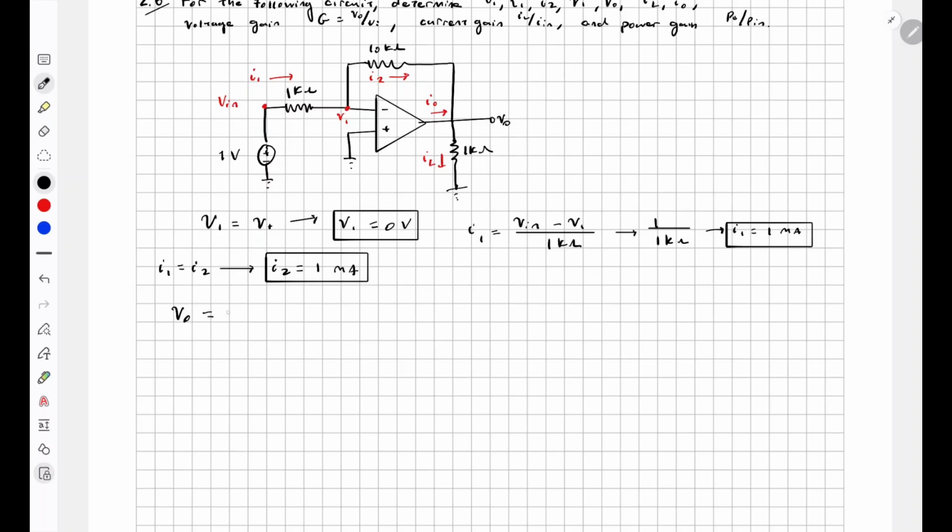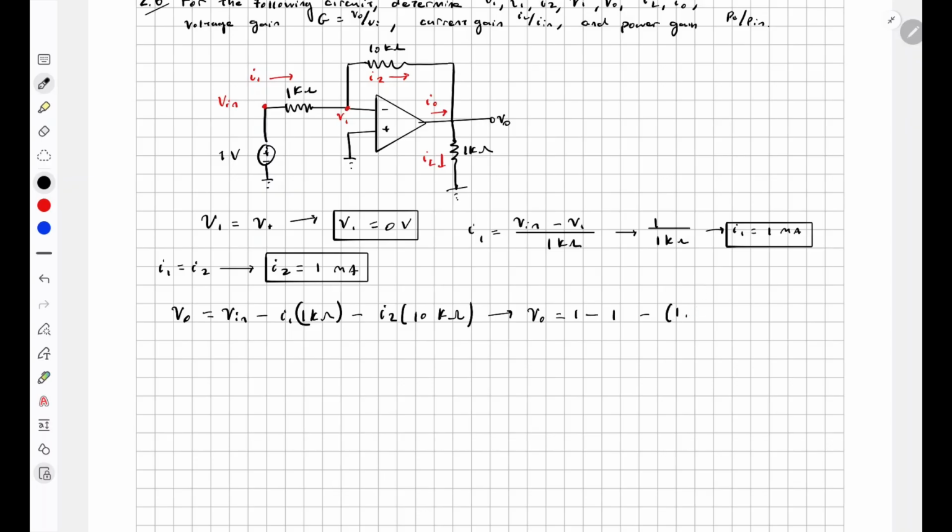So V out is equal to V in minus the voltage drop here, which is I1 times 1 kilo ohm, minus the voltage drop here, which is I2 times 10 kilo ohms. So V out is equal to 1 minus 1 milliamp times 1 kilo ohm, which is just 1, and then minus 1 milliamp times 10 kilo ohms.